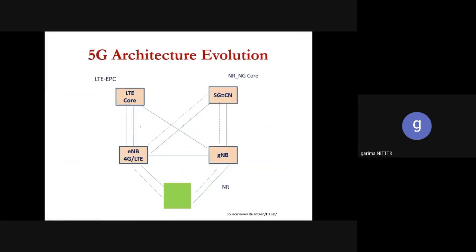So we can say that as per this non-standalone standard, we have the LTE evolved packet core network, and we have the new radio NG core network. So we have this LTE core and this core network connected to their own base stations. They are also interconnected, and finally they are connected to user equipment.